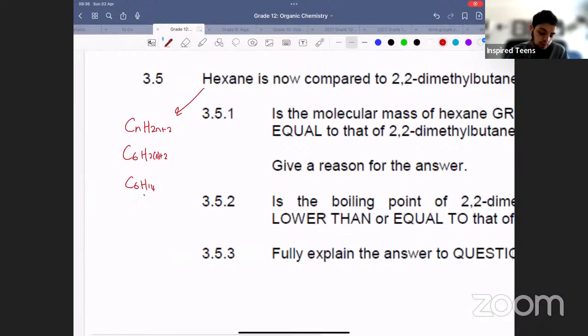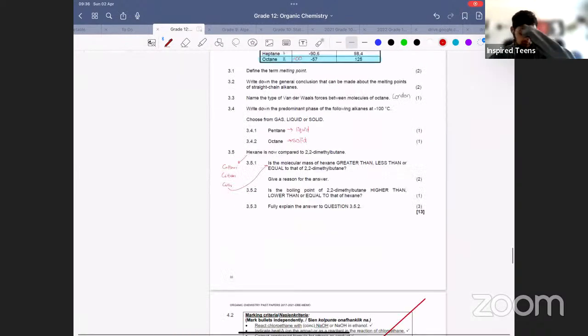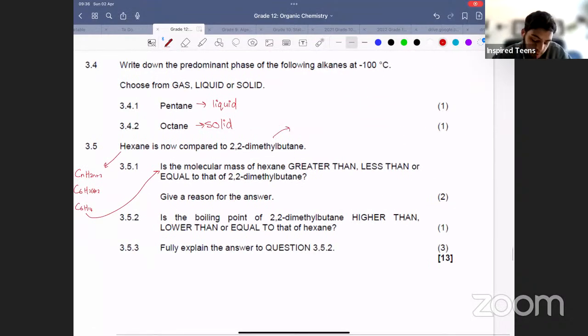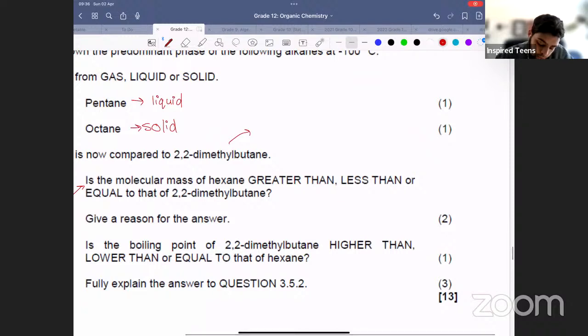Why am I getting the molecular formula? Because that's going to tell me how many carbons and hydrogens I have, in order to tell me what my molecular mass is. So 2,2 dimethyl butane. Remember, butane has 4 carbons, so it's C4H, 2 times 4 plus 2 is 10. But it's also 2,2 dimethyl, so it has 2 CH3s.